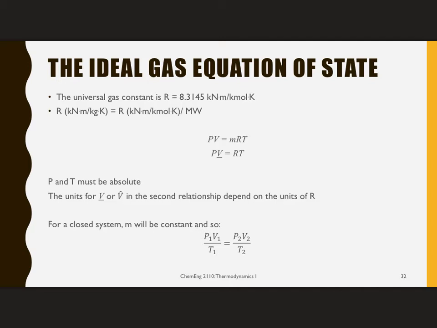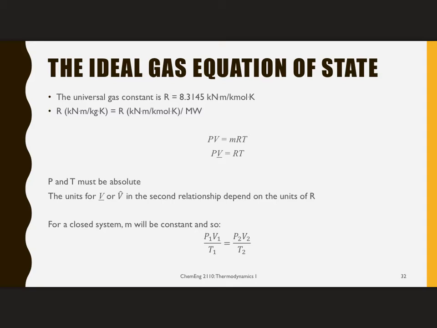Now, we are going to use R, sadly, not as the universal gas constant sometimes. We're sometimes going to use it with mass. Now, we know the universal gas constant is 8.3145 kilojoules per kilomole Kelvin, or kilonewtons times meters per kilomole Kelvin.